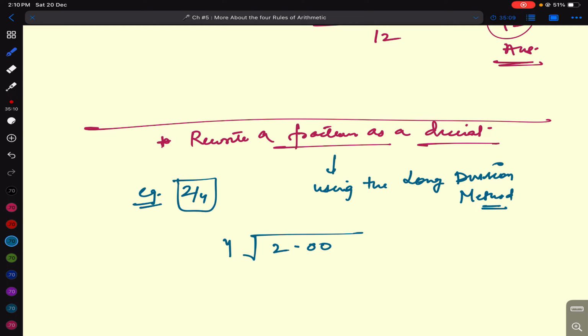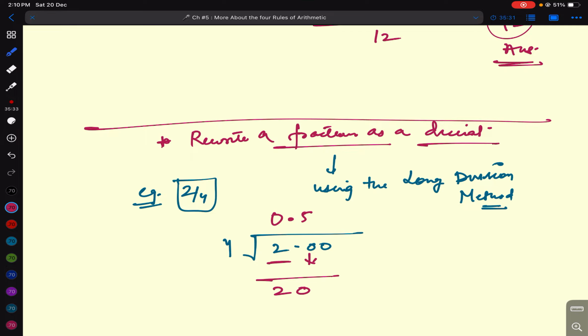When I divide 2 by 4, I know that 2 is less than 4, so we'll place a 0, which brings the decimal. Then we also place a decimal here. Then it brings the 0, so this now becomes 20.